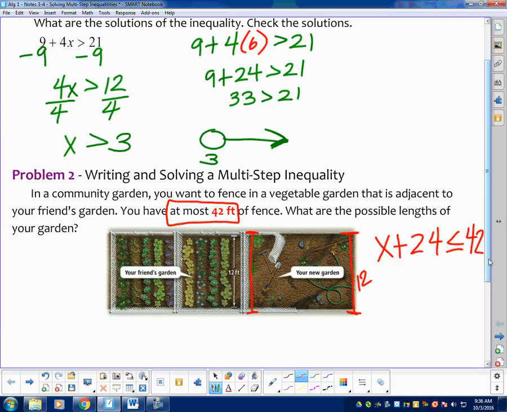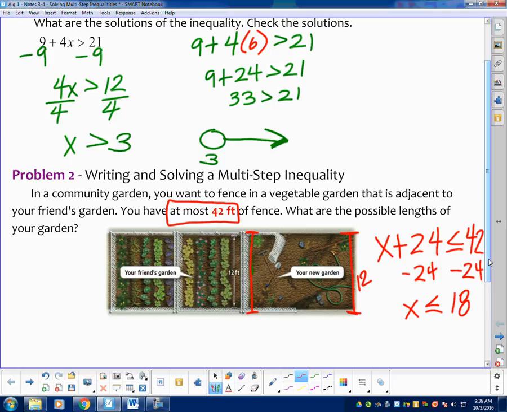The equal comes in when you think, okay, can I use 42 feet, or does it have to be only something less than that? Okay, so now if we just subtract, what's 42 minus 24? 18, does that sound right? Sure.